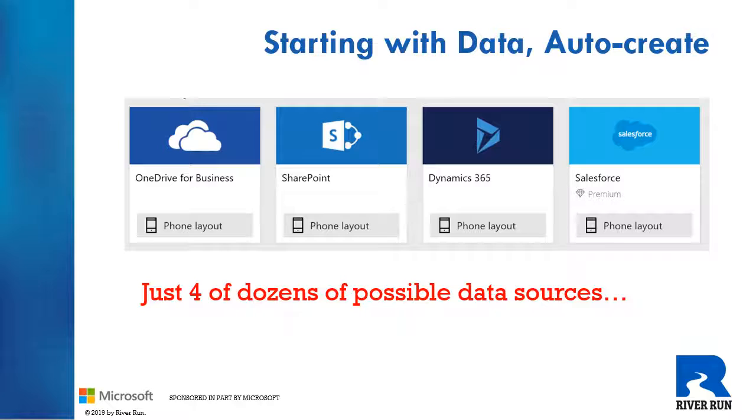Once you do that and say, okay, here is the list I would like to access, PowerApps goes ahead and creates a first run at it, a trial, a model.